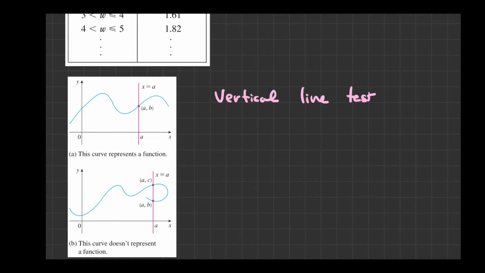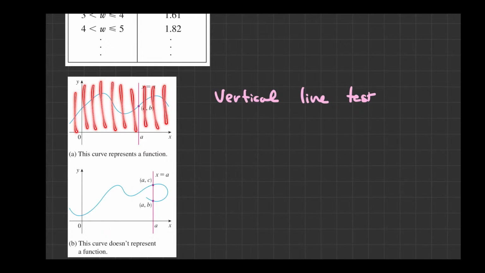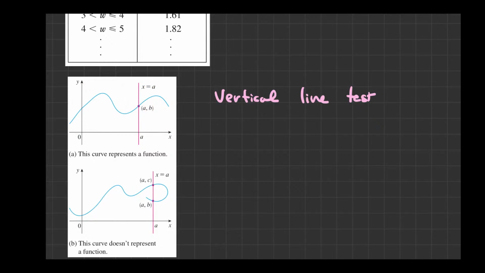When we graph a function, if we can draw a vertical line at any point, and it only passes through the graph at a single point each time, that means the graph that we've drawn is a function. That's saying that each one of these x's goes to a single value y in the codomain, which satisfies our definition of a function.